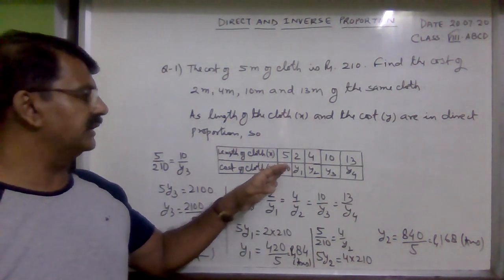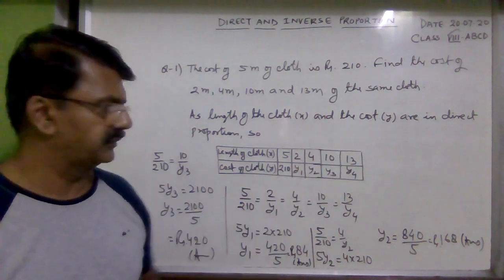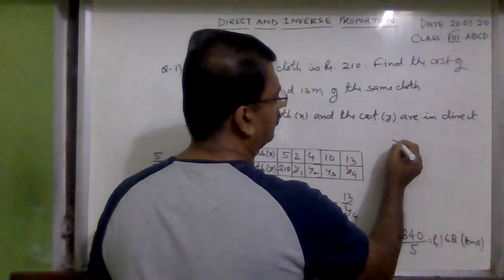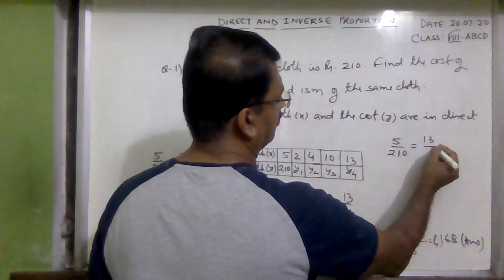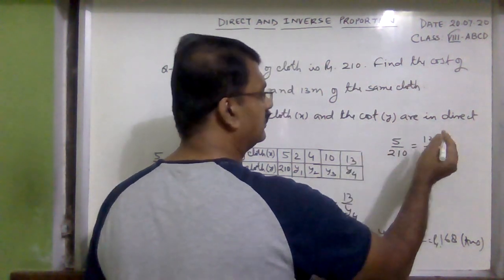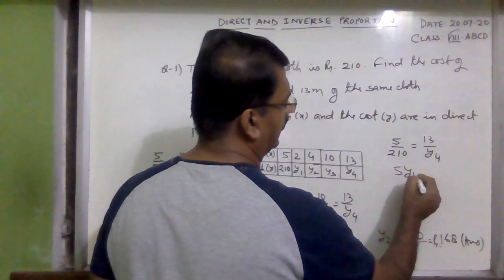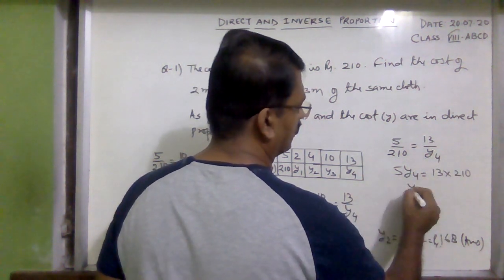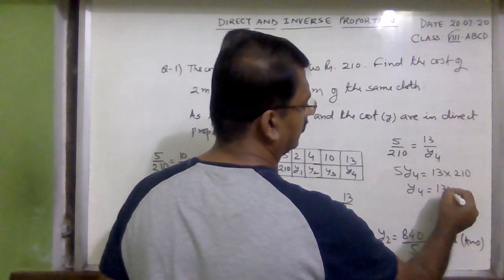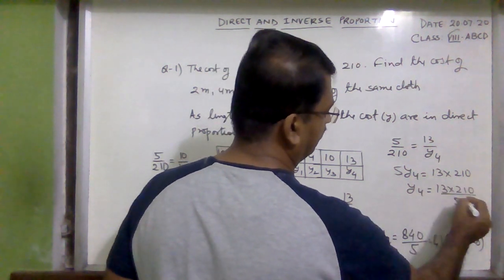And now you equate the first and the last or the fifth, means 5 upon 210 is equal to 13 upon y4. Once again you cross multiply. 5y4 is equal to 13 into 210. So y4 is equal to 13 into 210 upon 5.